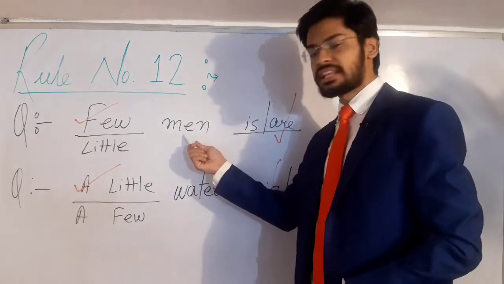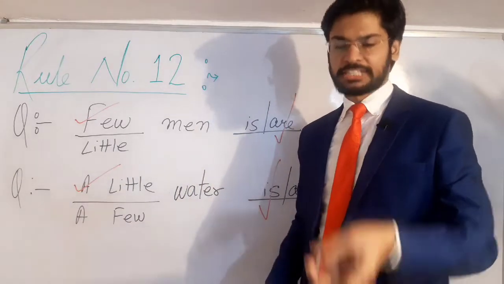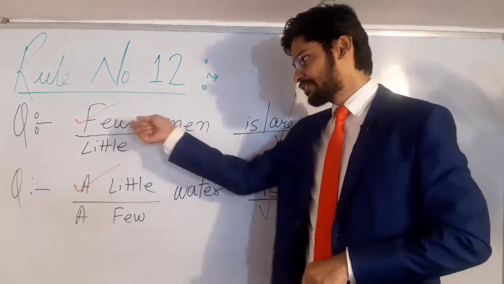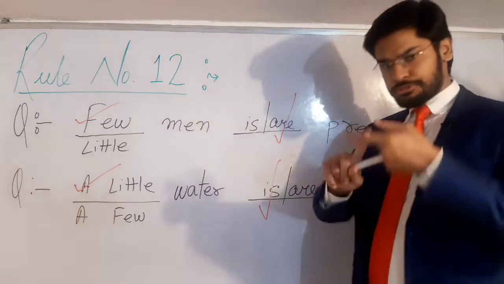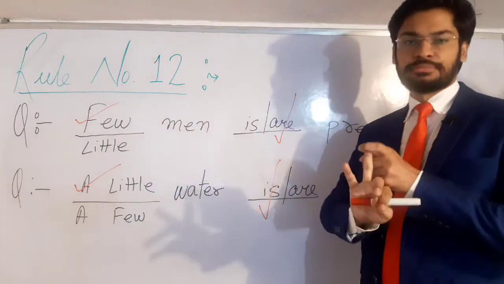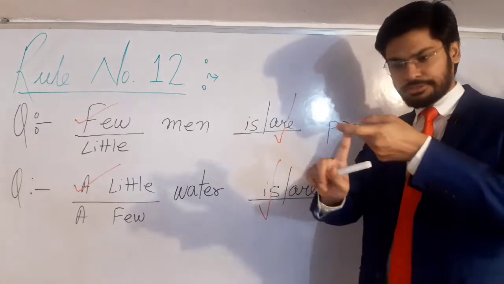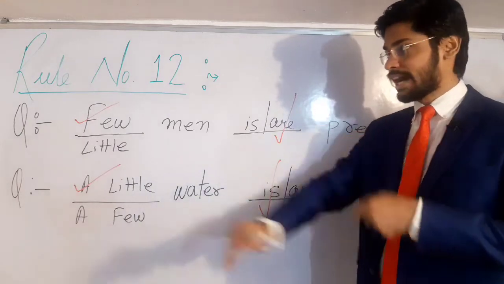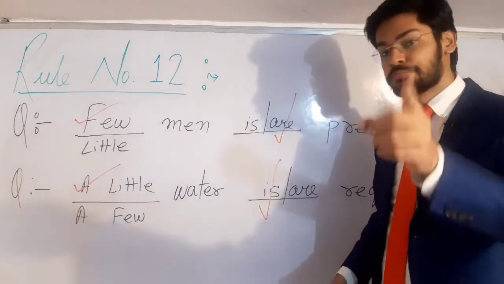With plural and countable noun. And men is plural as well as countable. So we used what? Few. And with few, a few and the few, मैं तीनों की बात कर रहा हूं, हालांकि तीनों लिखा नहीं है मैंने, तीनों की बात कर रहा हूं. With few, a few and the few, as per rule number 12, the verb will be always plural.